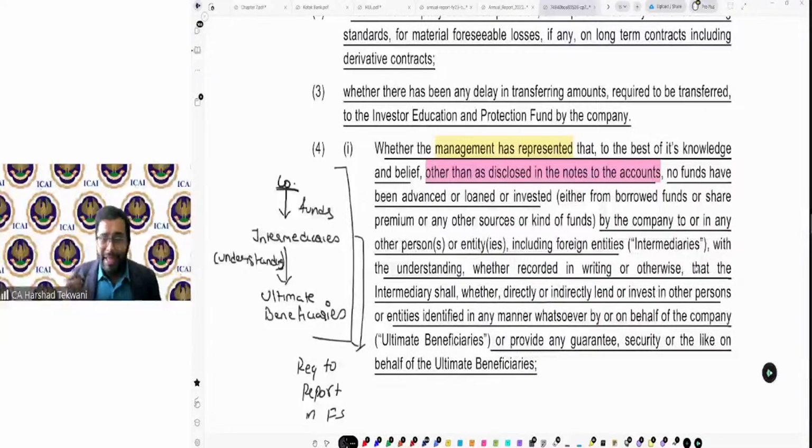So other than the items which are reported in financial statement, whether management has provided you a representation that there are no other transactions of such nature other than what are reported in FS. That is the requirement over here. Whether you have taken the representation with respect to this part or not.